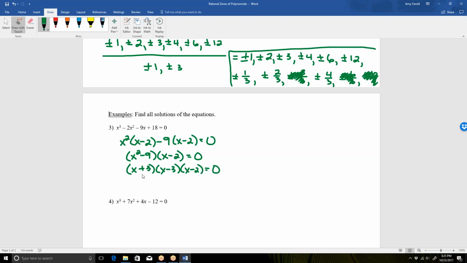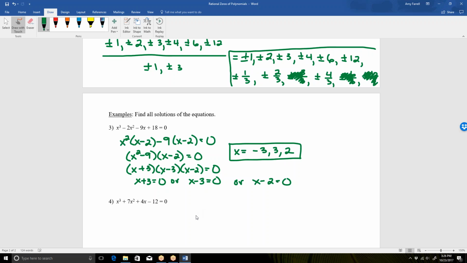And so if the product of these 3 factors equals 0, then that means that x plus 3 equals 0, or x minus 3 equals 0, or x minus 2 equals 0. So we get 3 solutions. Those 3 solutions are -3, 3, and 2. If you want to write x equals, you can. So x equals -3, 3, and 2.